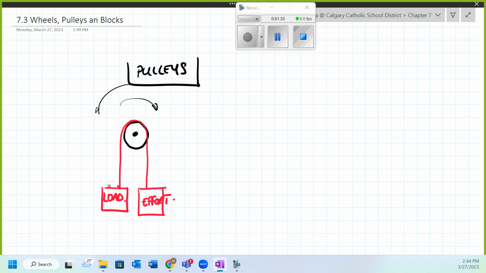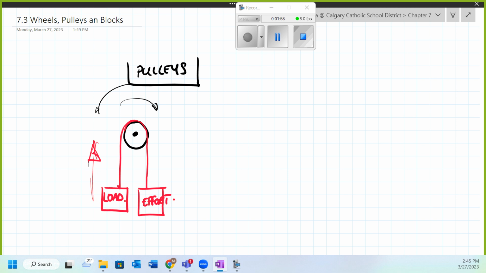Now, it's not that the load is always on the left and the effort is on the right. They can be interchangeable. But the whole purpose of pulleys is that it makes the work to lift the load very easy.